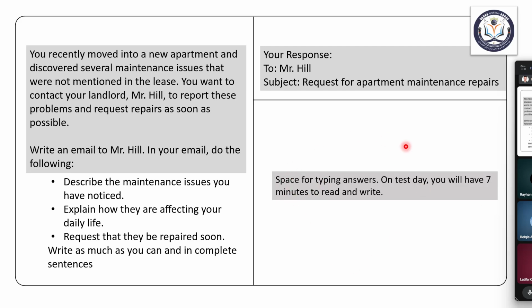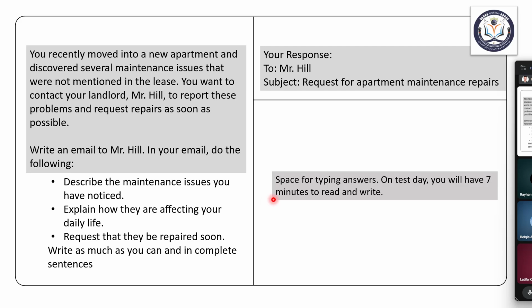And the next part, which is our section to write, here, this space is given for typing our response. And on the test day, we'll only have 7 minutes to read and write. It means do all the possible activities to write an email in just 7 minutes.